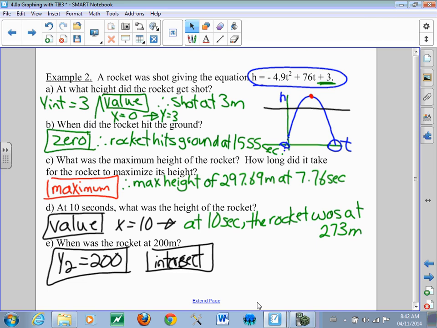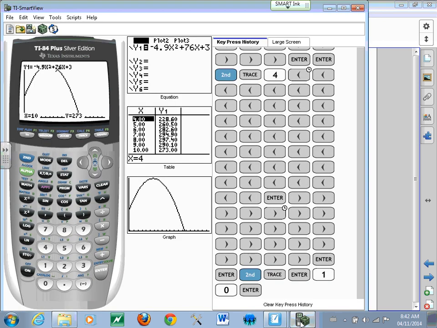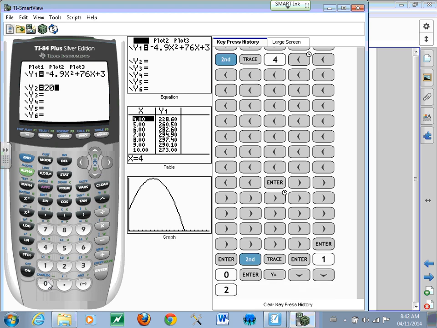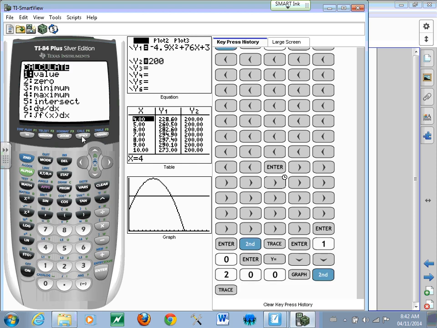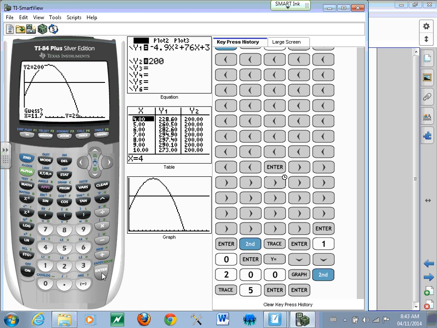I think we can handle it now. Let's go to y equals, go down, put y2, put 200, graph it. Got that? Great. Now we're going to do the menu, go to intersect 5. Since I'm over here, I'll find the second one first, since it's already here, so hit enter. Okay, so at 200 meters, we've got 12.22. Just make note of that, and we'll do the other one.